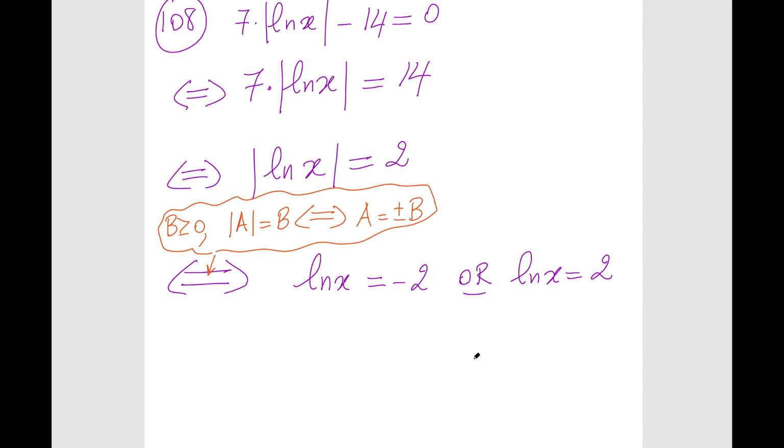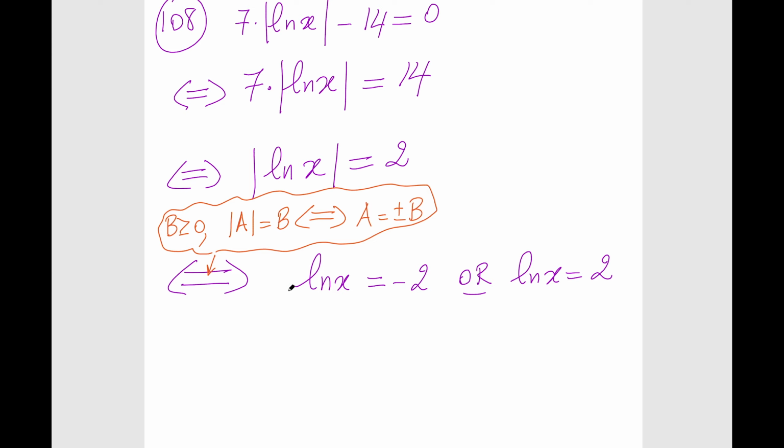Now you can solve it the way you want. You want to solve for x. What I'm going to do is apply the exponential function with base e to both sides to clear that ln. I want to undo the action of ln, so free the x.